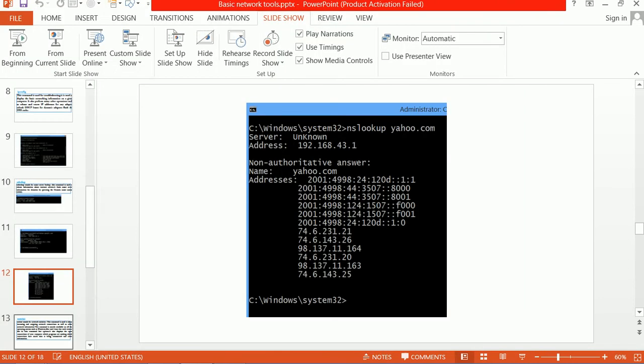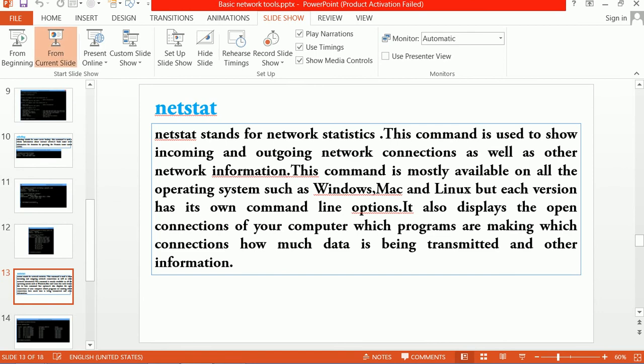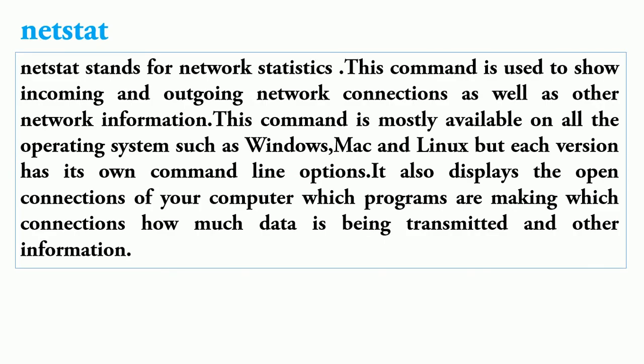Now we have completed this command, so we will move to the next command, that is netstat. As by the name, NET stands for network and stat stands for statistics. It shows you all the incoming and outgoing network connections and all the network information established. It can be available for Windows, Mac, Linux, but there are some different command line options, meaning a little bit of change in that particular command.